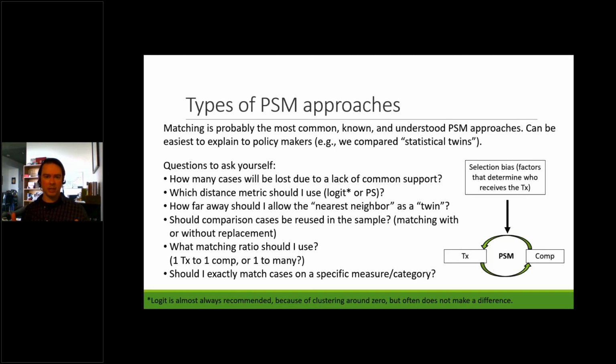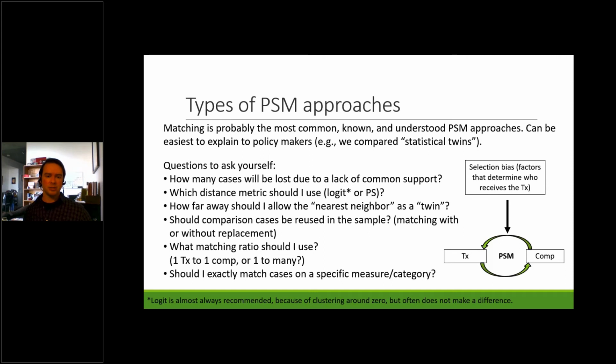I recommend everybody use that type of language when talking about these, especially if you're using one-to-one matches or something like it. When it gets into weighting, it's a little more tricky, but it's still worth thinking about statistical twins. It's easier for someone who doesn't know PSM to wrap their heads around this.